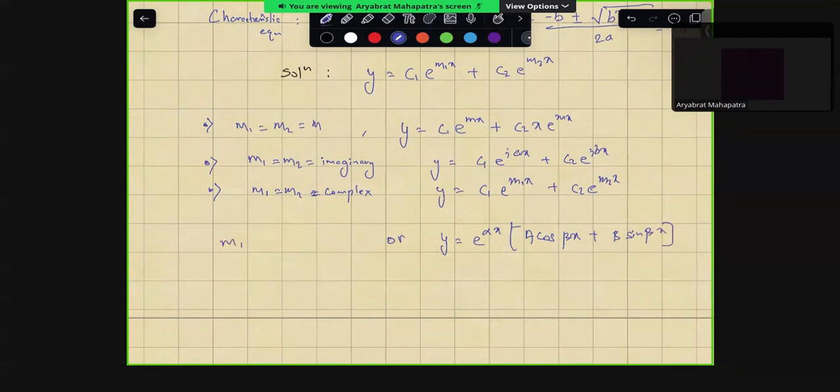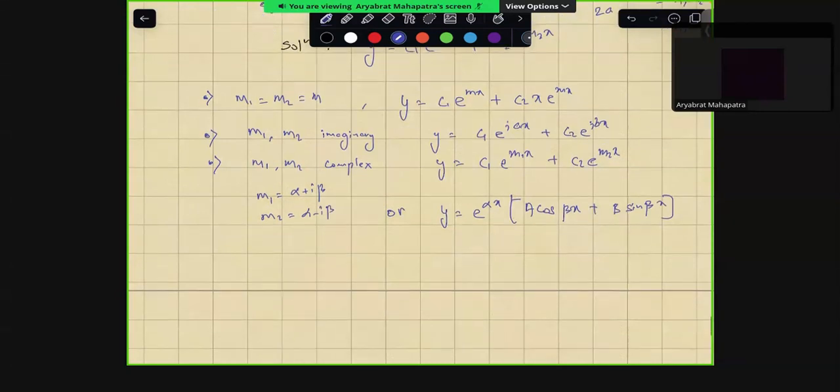M1 and M2 need not be equal; they can even be distinct. So when they are complex, let's say if M1 is alpha plus i beta and M2 is alpha minus i beta, then you have this solution. Those were the things that we've seen.